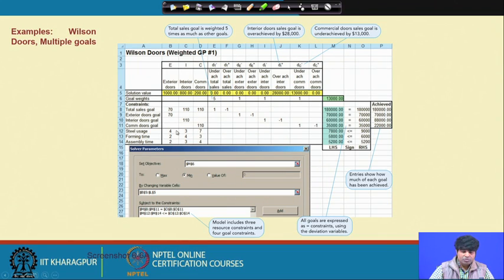The original problem here is 4 3 7 2 4 3 2 3 4, with respect to the variables E, I, C, and these are the targets or goals corresponding to a particular I target, that means total sales goals, that is 70, 110, 110.